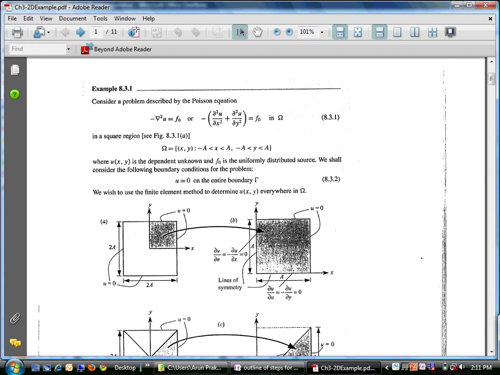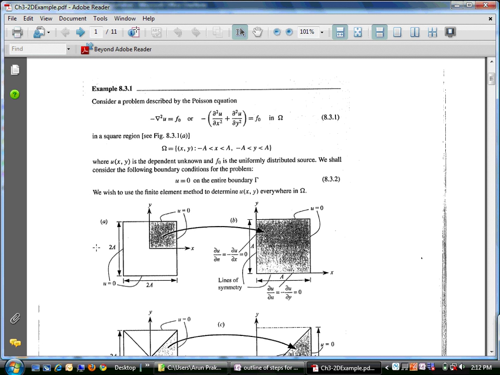And this is also true for problems in structural engineering. We do not need to solve this entire square problem because there are some symmetries associated with this problem. We are being given that since u is 0 on all the domain boundary, f naught is constant. Therefore, the entire problem has a biaxial symmetry.